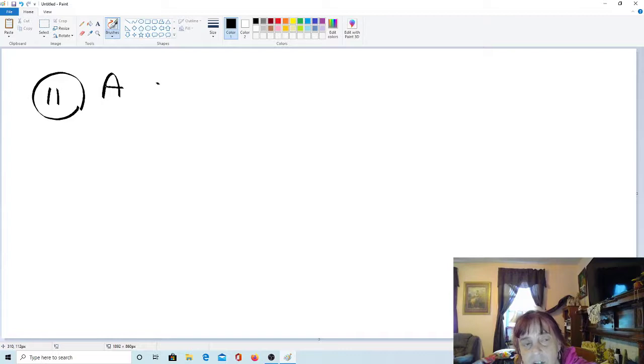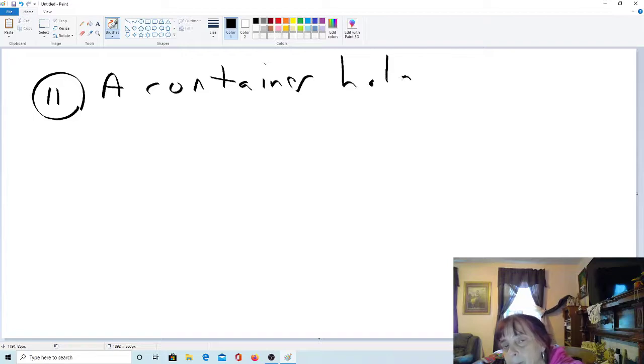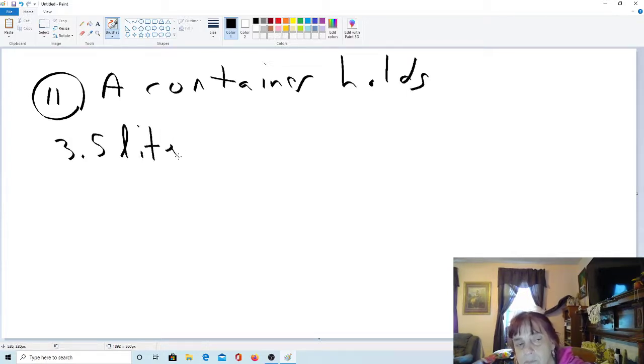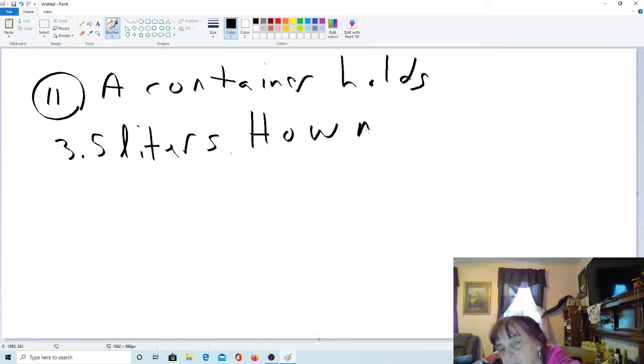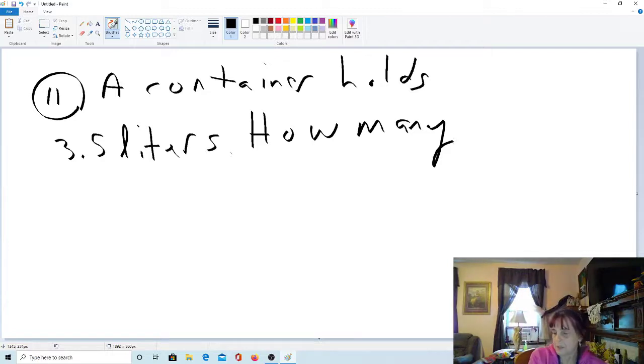Okay, so let's look at another problem. A container holds 3.5 liters. How many centiliters does it hold?